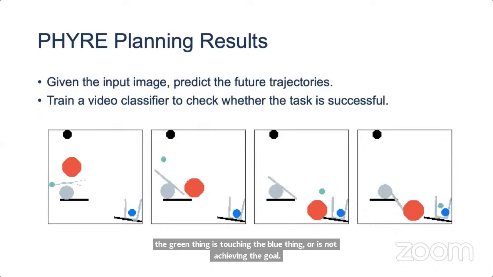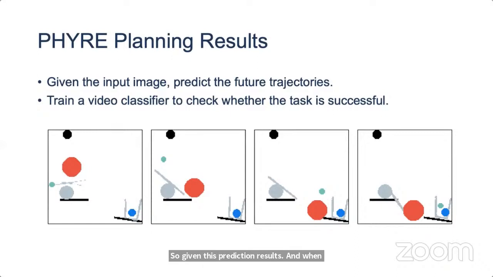Given this prediction result, we input it to the classifier. If the classifier tells us the video sequence is leading to the right future, then we select the corresponding input as our solution for this environment. This is how we do the planning.